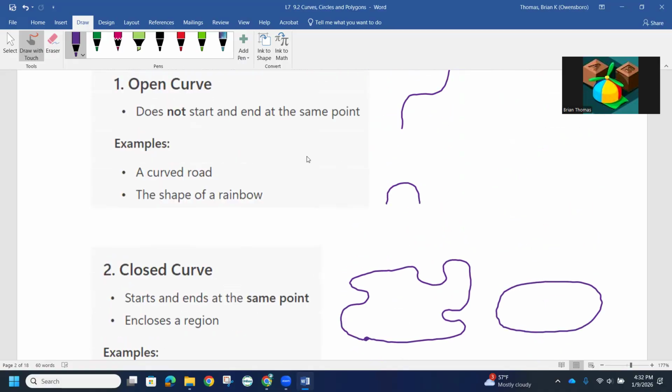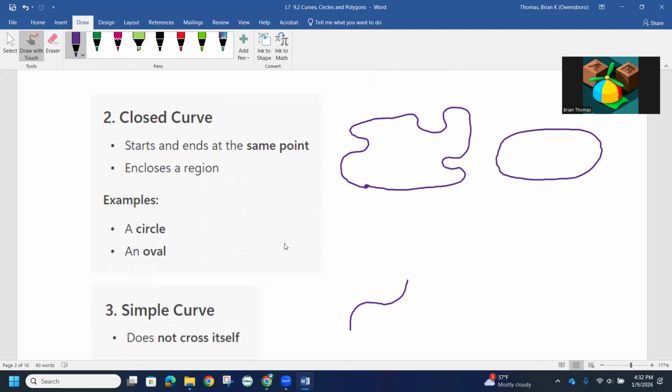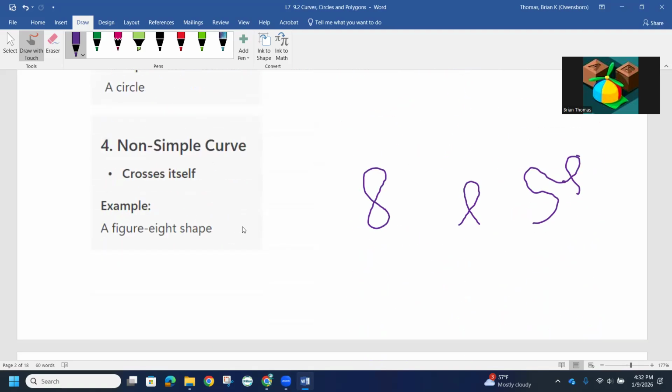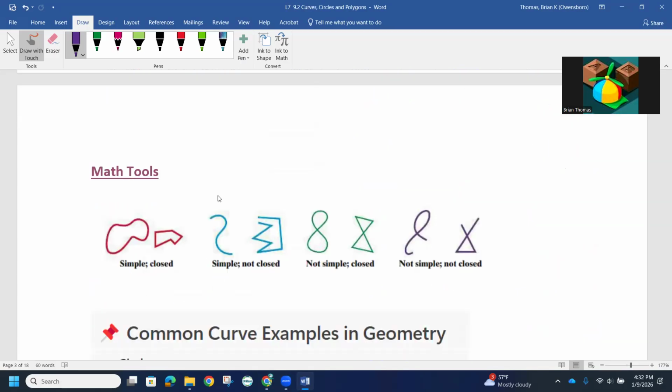So we have an open curve and a closed curve, and then we have simple and not simple. Not simple crosses itself. Notice how these are not simple, but notice how it closes in a region. So these are not simple and closed.